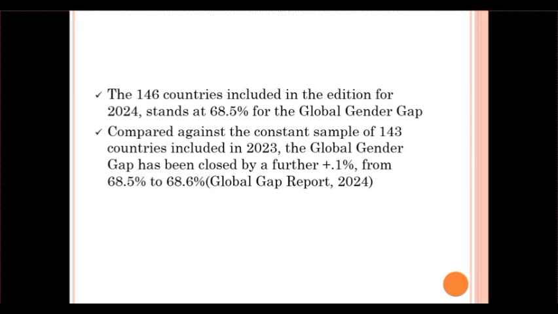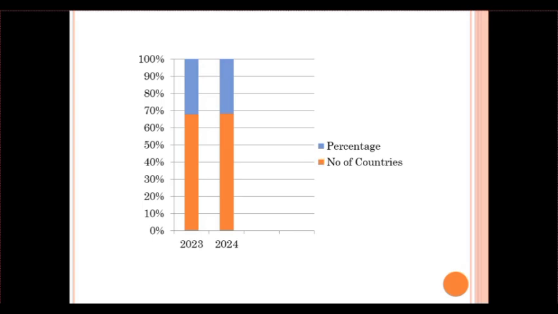Meanwhile, the United Nations recognized 195 countries. You can imagine the gap that still needs to be covered in this. And it further said, compared against the constant sample of 143 countries included in 2023, the global gender gap has been closed by a further plus 0.1%, from 68.5% to 68.6%.